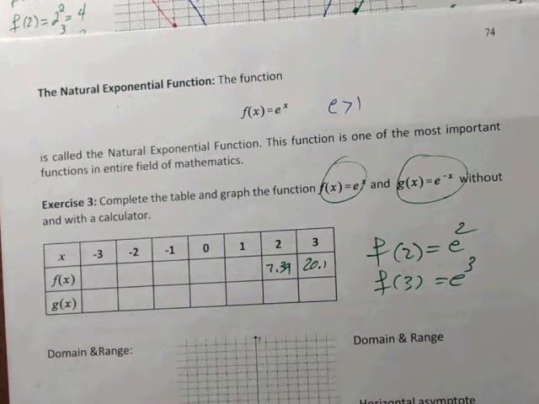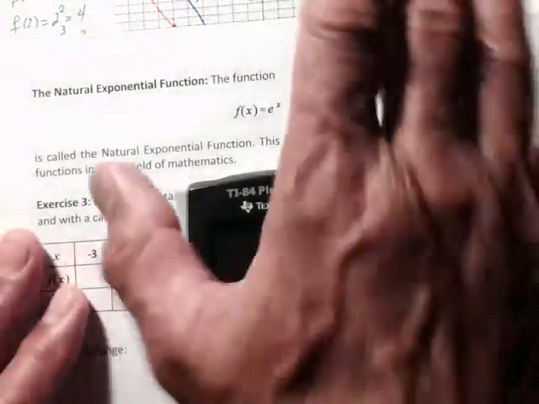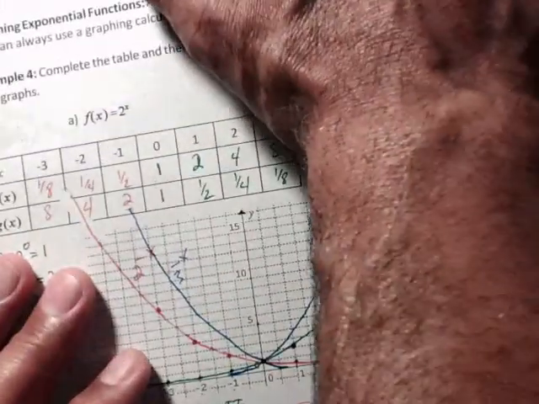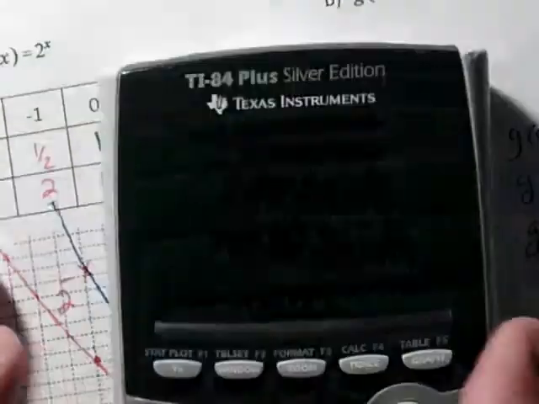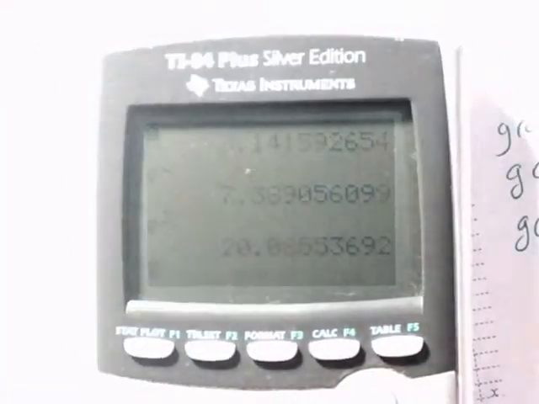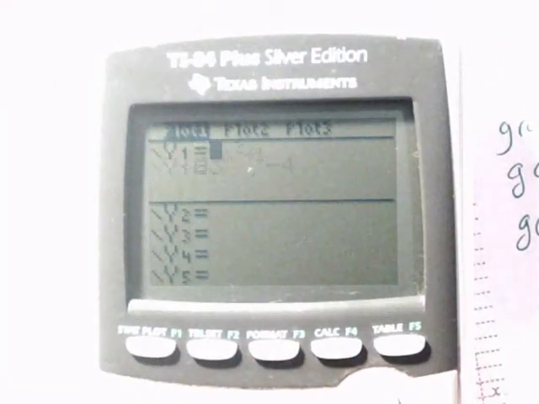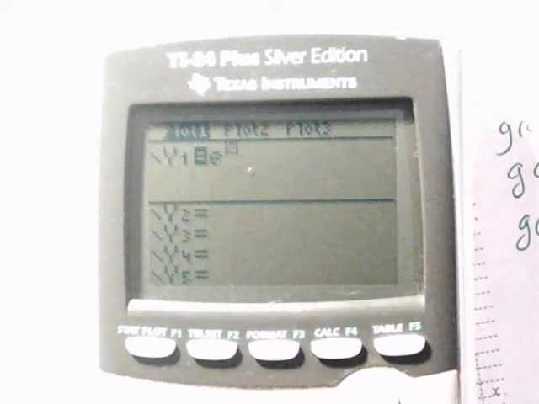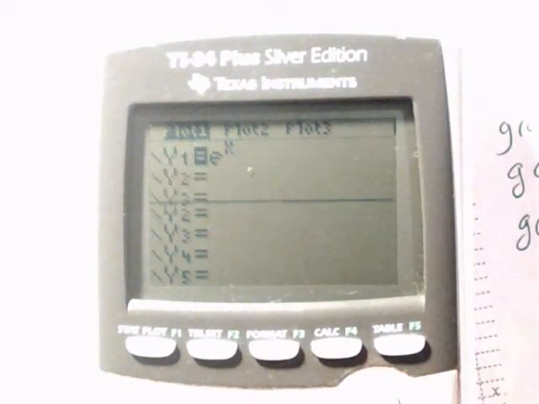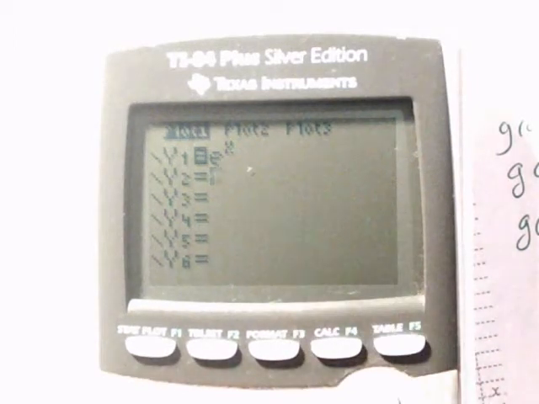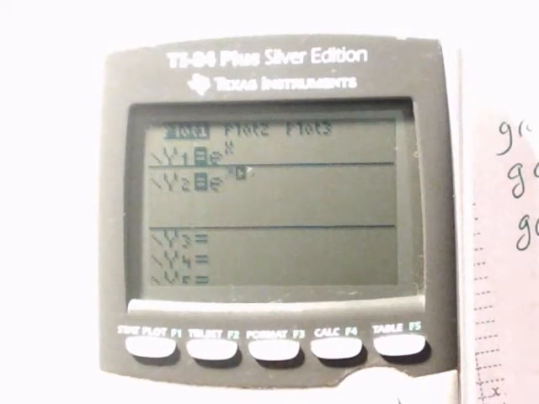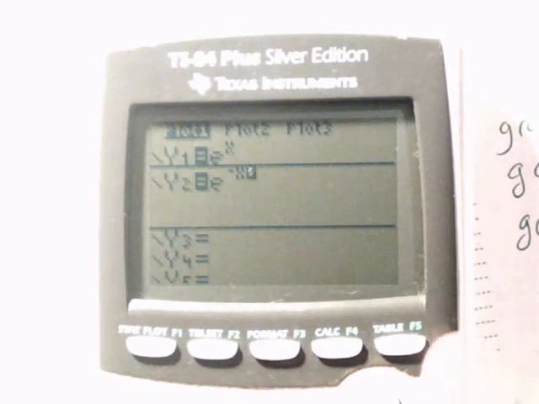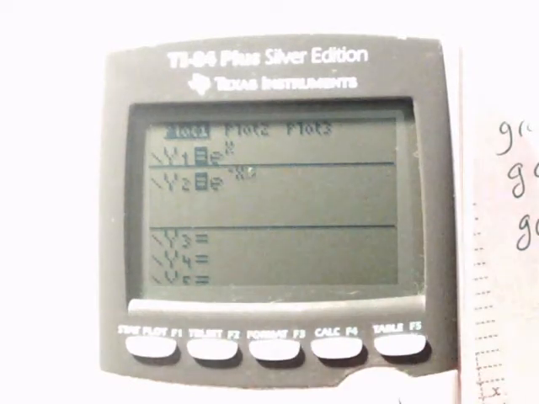But if you want to just do it on your graphing calculator to see how the shape looks, you can do it just like we did for other functions. Press second e to the power x, then go down here and enter e to the power minus x, then set the window and graph.